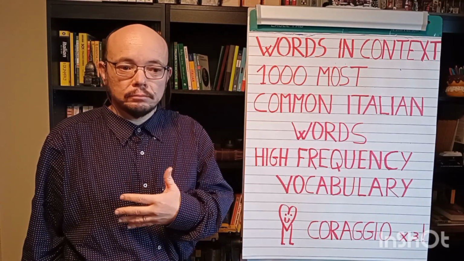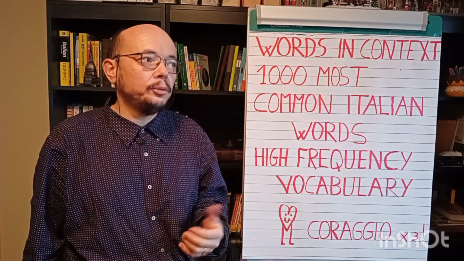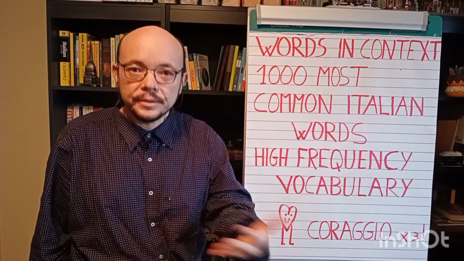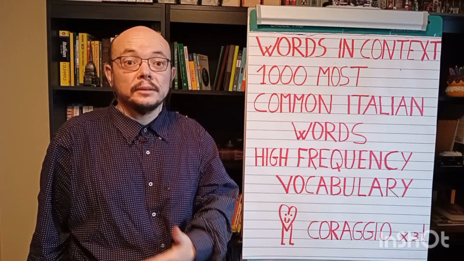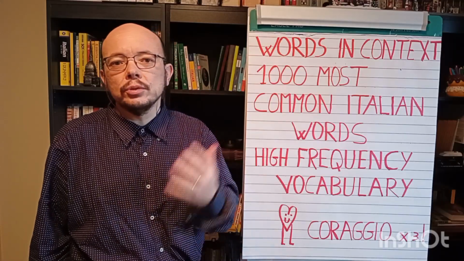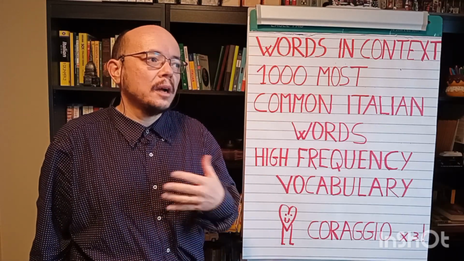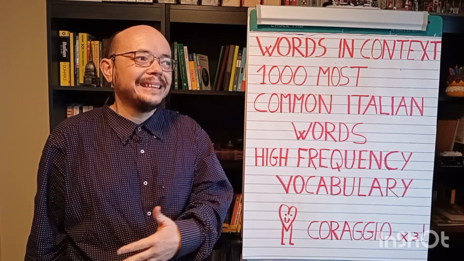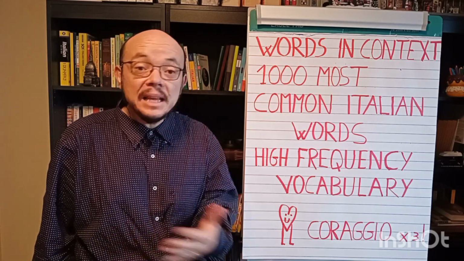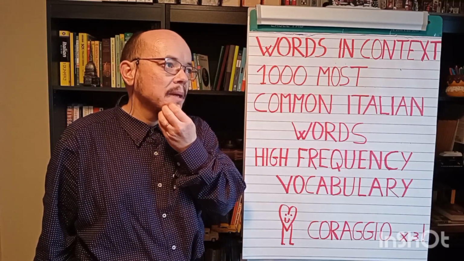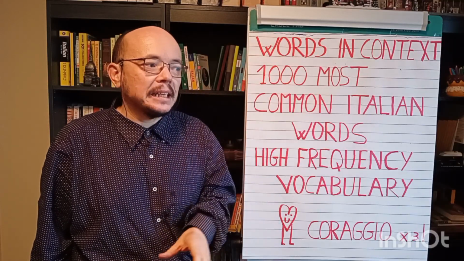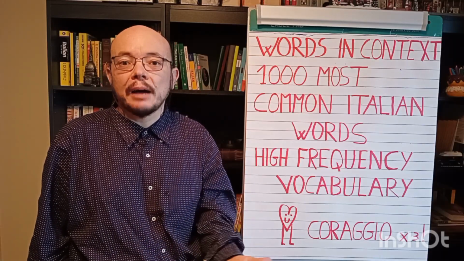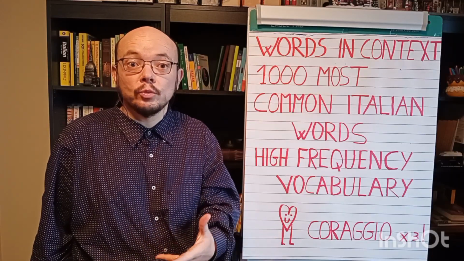There are machines, computers, that you feed millions of words in every kind of text, from books, novels, short stories, articles, reviews, magazines, everything written in Italian. They can take millions of words, and computerized, they classify vocabulary based on how many times those words appear.